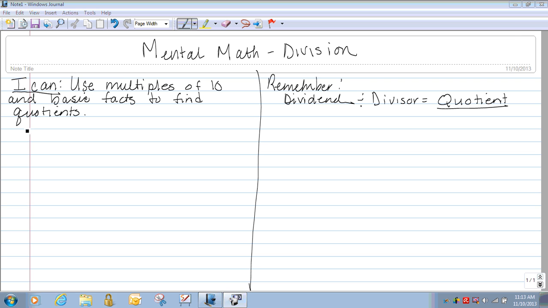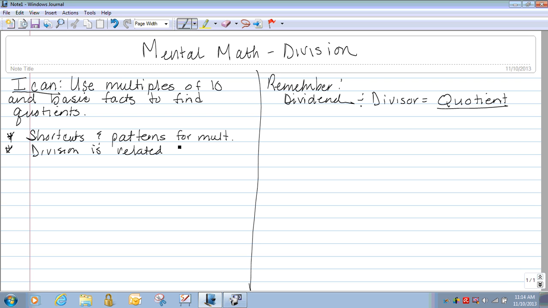Okay, let's step back for just a minute. We know that there are shortcuts and patterns for multiplication. And we also know that division is related to multiplication.